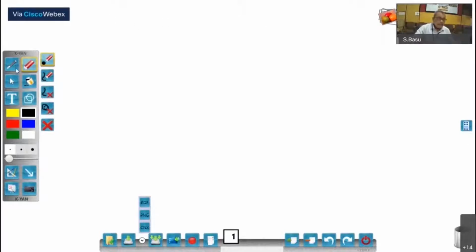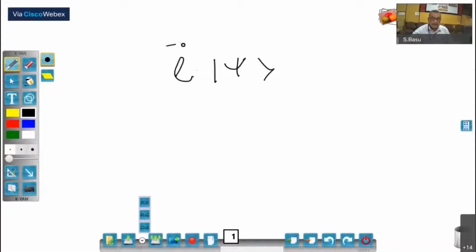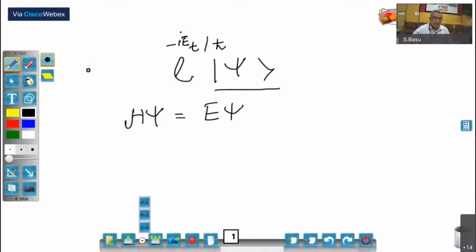In quantum mechanics, we know the time evolution of a wave function psi where the system energy is E is given by, but we know that if psi is an eigenfunction of the Hamiltonian, the psi of r and t is given by this.